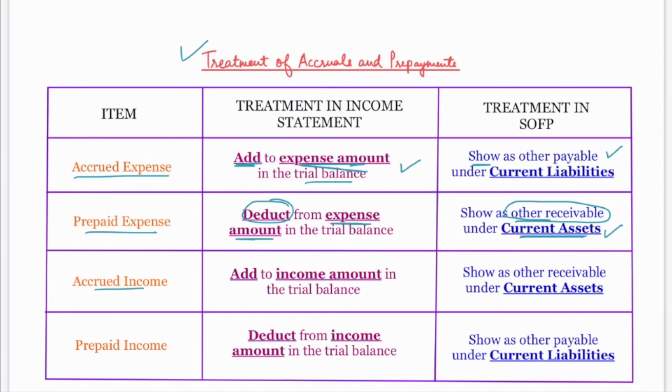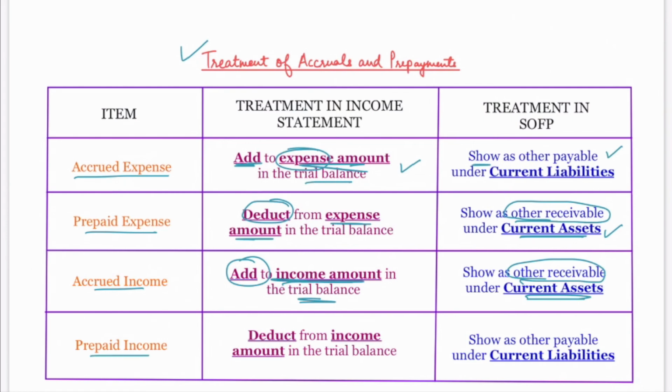Now let's see accrued income. Again you'll have to add it to the income amount in the trial balance. Here we added to the expense amount, there we'll add to the income amount because the accrued balance is an income. And in the statement of financial position, you'll show it in other receivables in the current assets.